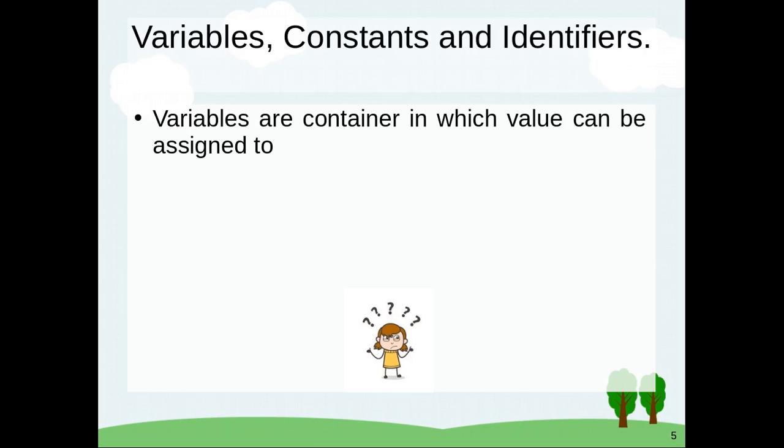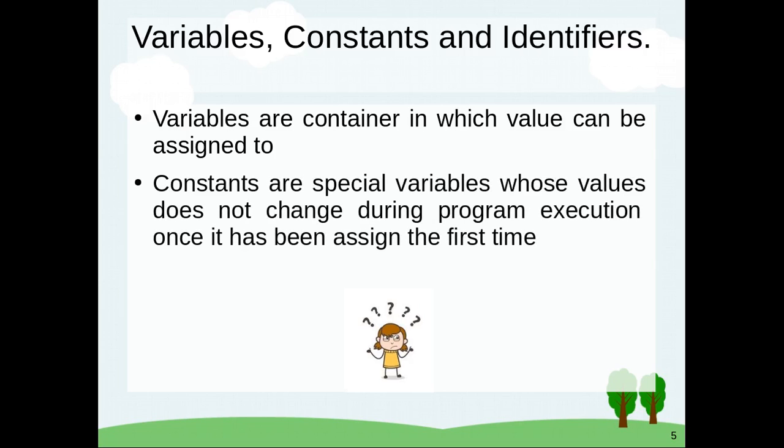Now what are constants? A constant, as the name implies, is just a special version of variables whose value does not change once it has been assigned for the first time. Once you assign a value to a constant, it doesn't get changed in the course of your program execution.